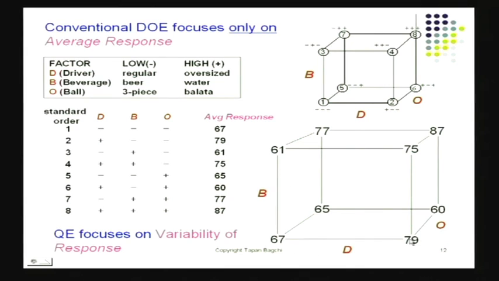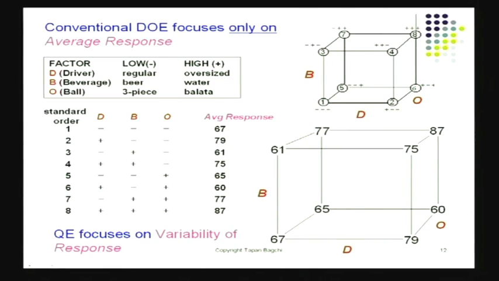They wanted to see if we can come up with the optimum choice for the driver with which you hit the ball, the drink that you take while you're playing the game of golf, and also the ball that you choose to play the game.